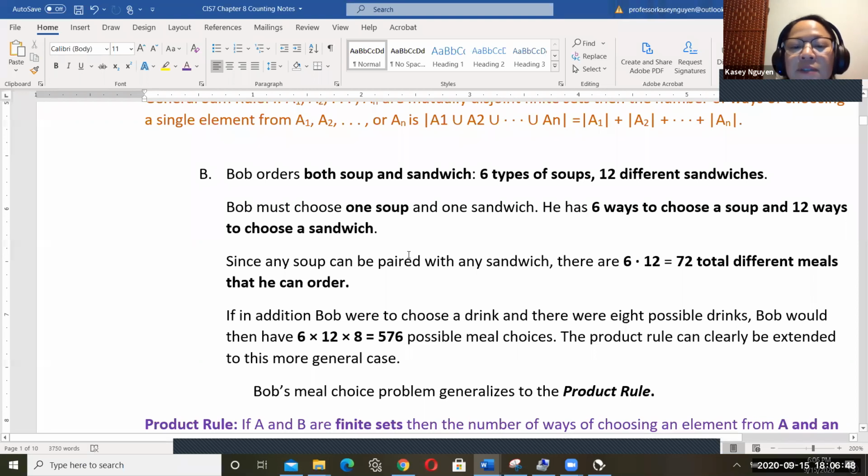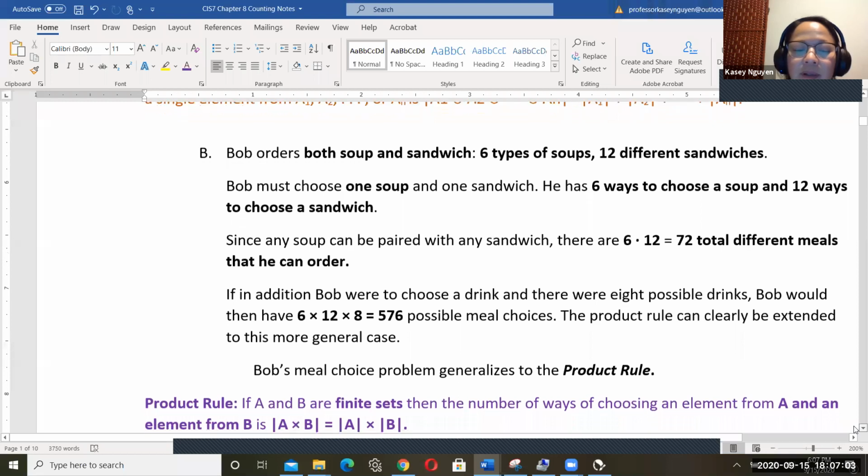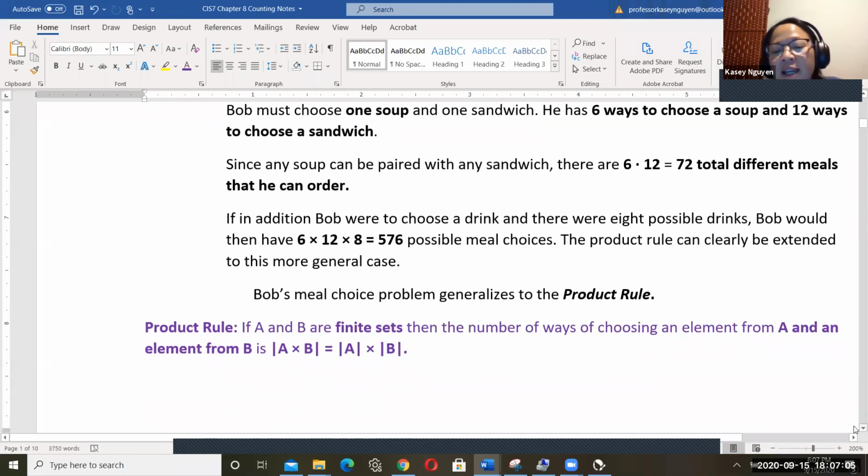So in this case, you see that it is a little bit different than the last one in that we can choose one and another choice in the 2 sets, okay? So with the product rule, if A and B are finite sets, which is 6 and 12, and we have to choose an element from A and an element from B, then we would multiply the cardinality of A and the cardinality of B, okay?